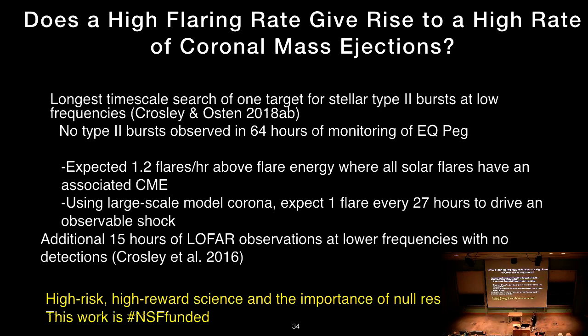We expected to see many, either several tens if flares and CMEs are happening in a 1-to-1 relationship like they are on the sun. Even if you only expect a flare to happen every time there's a super Alfvénic event, we still should have seen a couple of type 2 bursts, and we didn't.